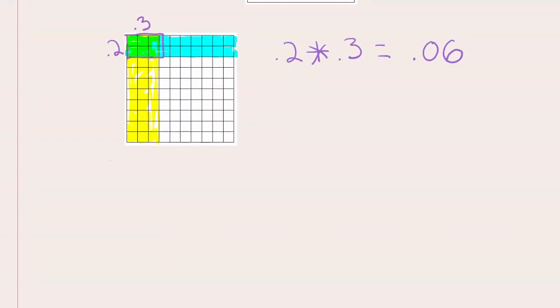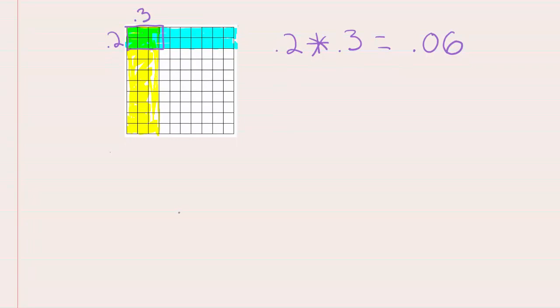So let's go ahead and write some notes about this that will help us to be able to do all different kinds of problems multiplying decimals. Basically, we're going to write out the steps that we have to do every time we multiply decimals.